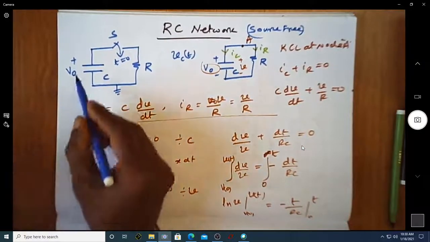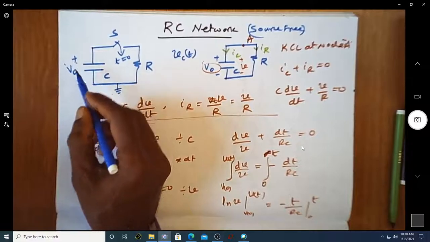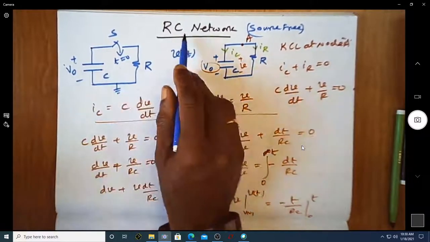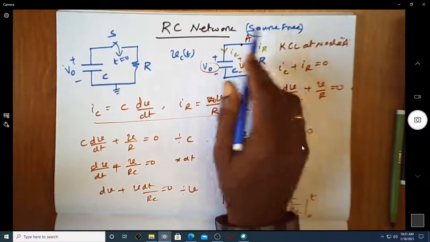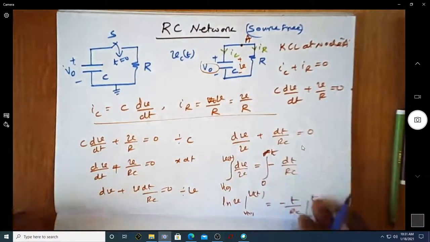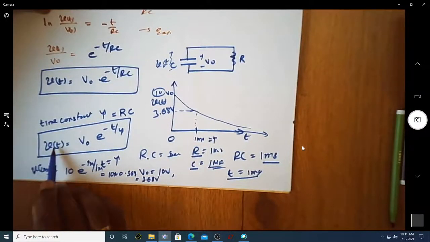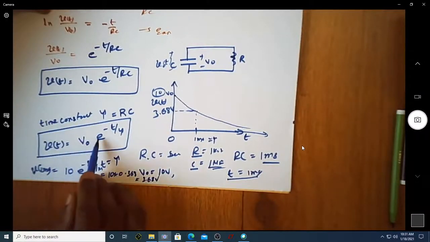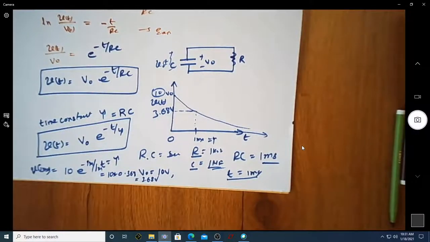What we assumed is a capacitor having an initial voltage of V0. So this is RC network analysis without any source. This is source free RC network analysis, which ends up with an expression for V of t equal to V0 into e power minus t by tau, where tau is the time constant of the network.